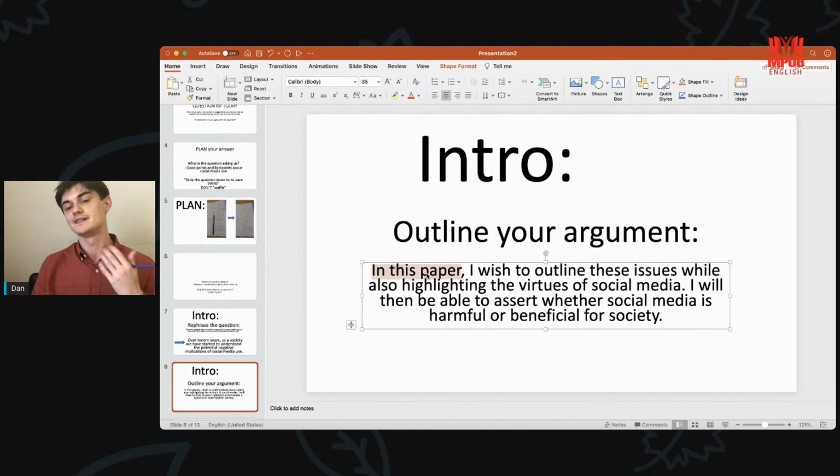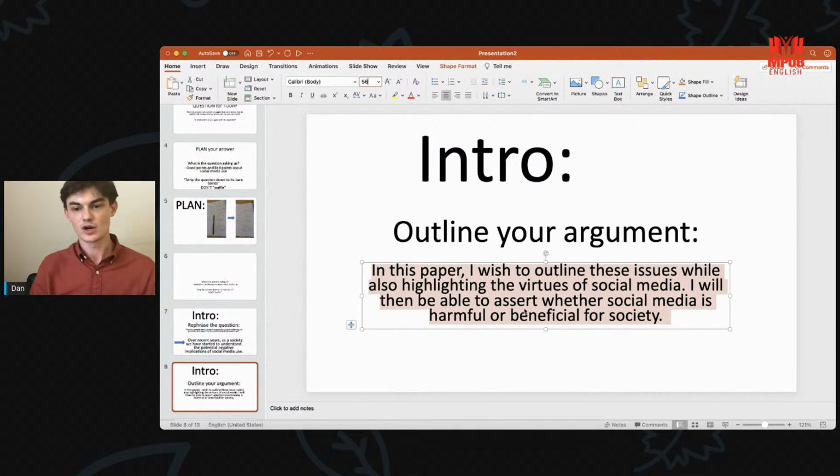If you're setting up your argument, you say, in this paper, I wish to outline these issues while also highlighting the virtues of social media. I will then be able to assert whether social media is harmful or beneficial for society.